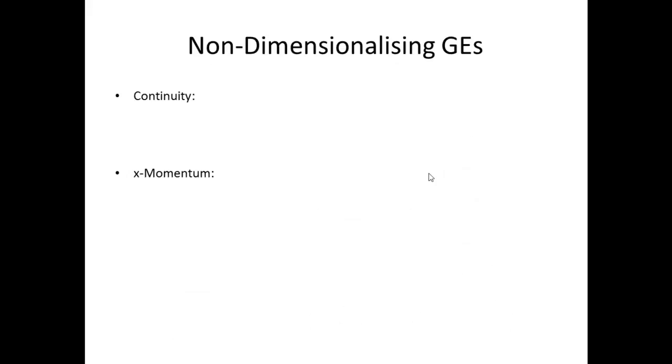This slide briefly explains the derivation of the non-dimensionalized governing equations. The continuity equation for a two-dimensional steady incompressible fluid was specified as dou u by dou x plus dou v by dou y equal to 0, as we had seen earlier. If we multiply this equation with L by V, that means we are dividing the numerator with V and the denominator with L. We get dou of u by V by dou x by L plus dou of v by capital V by dou y by L equal to 0.